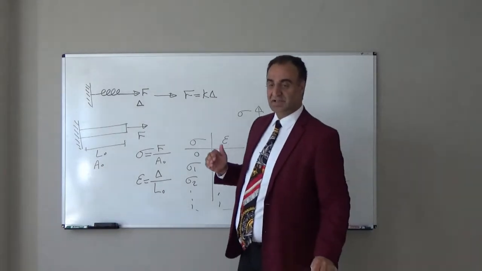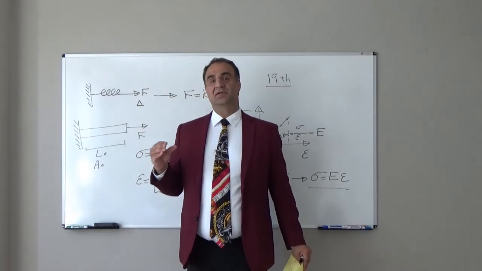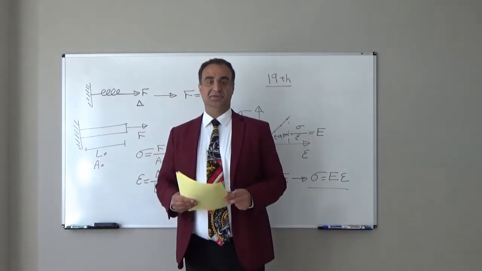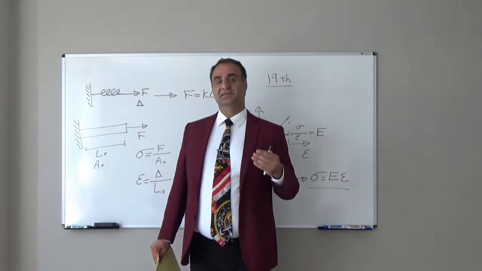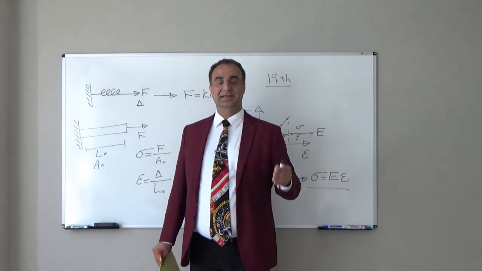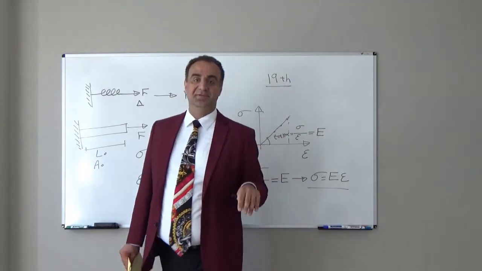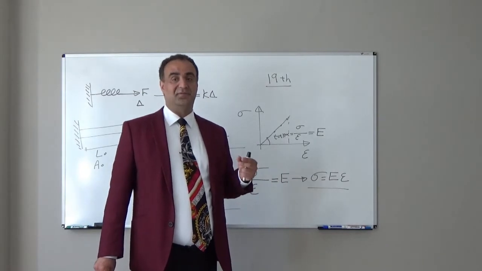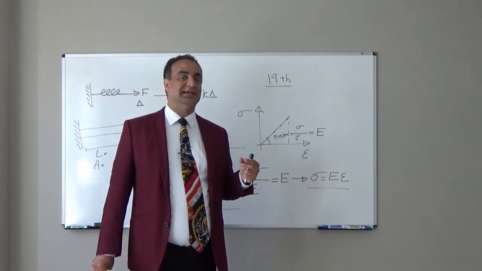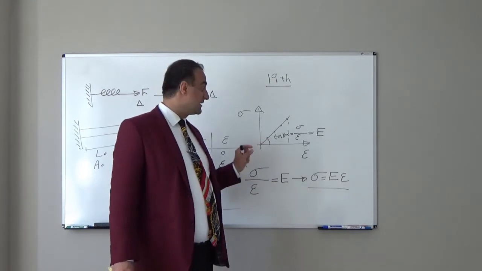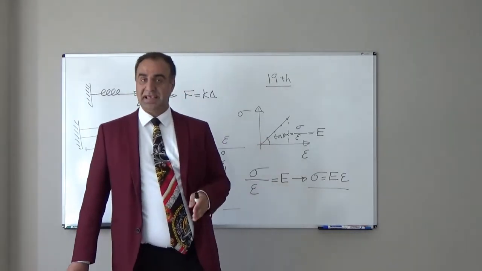Different material, they have different Young modulus, and it is easy to figure out that number. For any kind of material, for steel, for brass, for copper, for concrete, glass, diamond, we have different number for Young modulus. And how we can find that number? It is an easy test. There are tables.